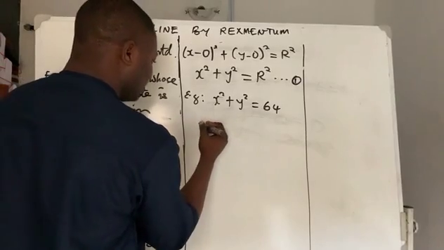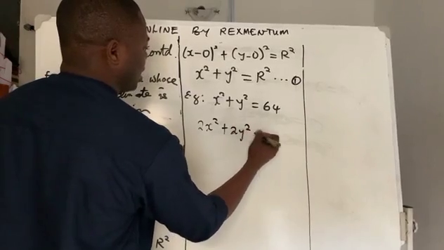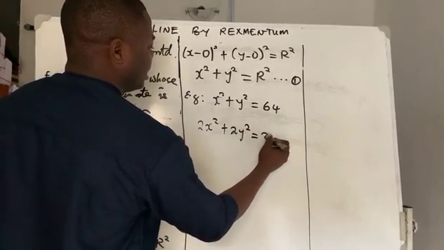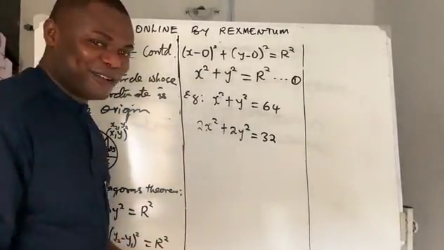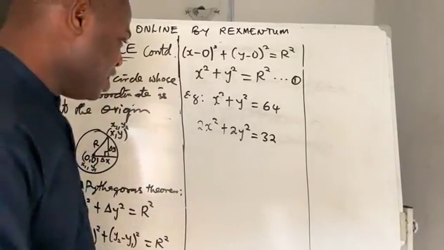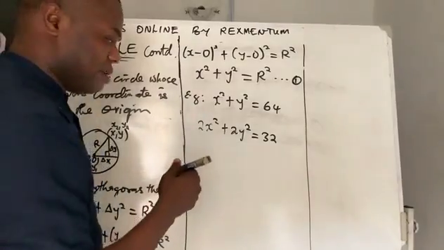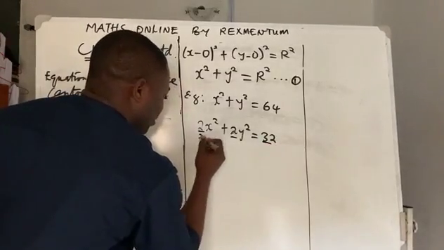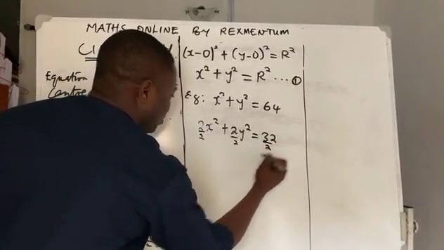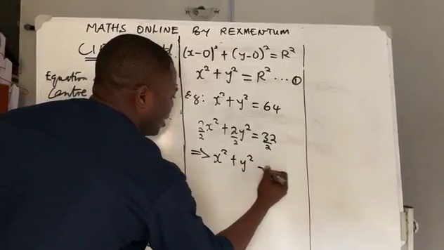Or you can have something like 2x squared plus 2y squared is equal to 32. Of course, before you solve for the radius here, you must always make this equation look exactly like this by dividing through by 2. If you divide through by 2, you are going to reduce it to x squared plus y squared equal to 16.